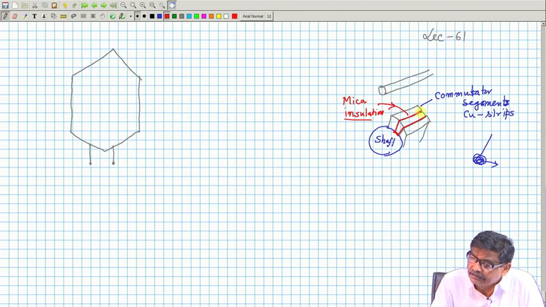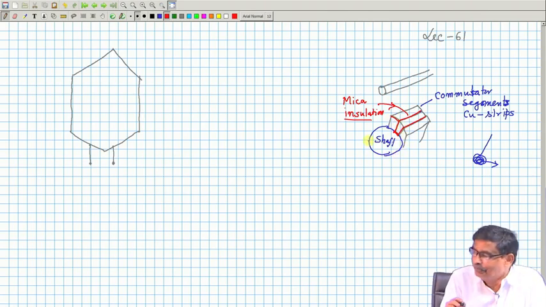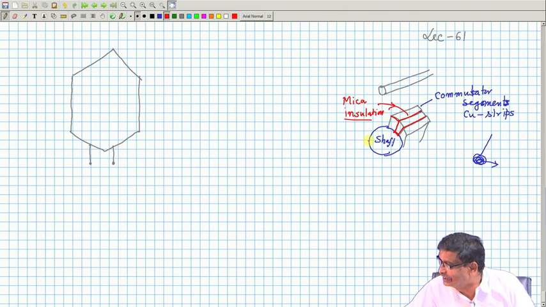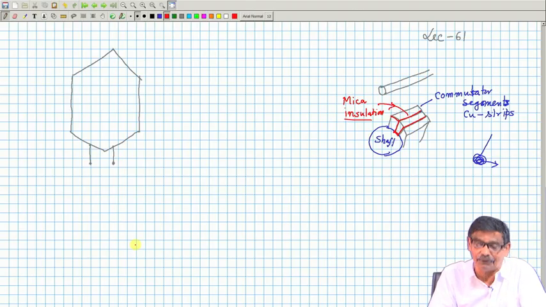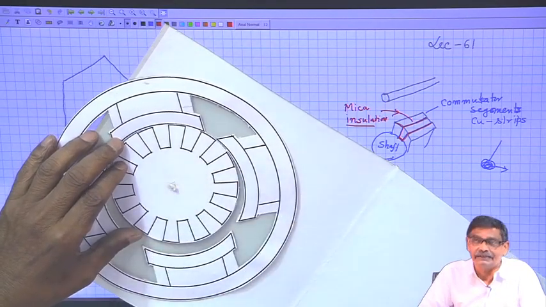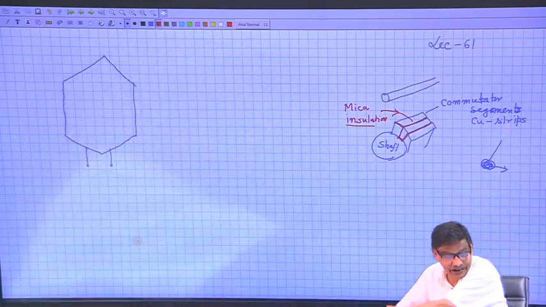So, insulations are provided. Each one has a width like this, then a thin mica insulation, and then another commutator segment. It will be the replica of the armature like this.